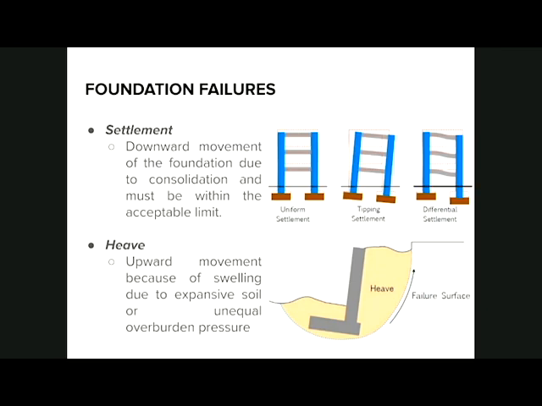Next, the heave, an upward movement because of swelling, usually due to expansive soil or unequal overburden pressure.